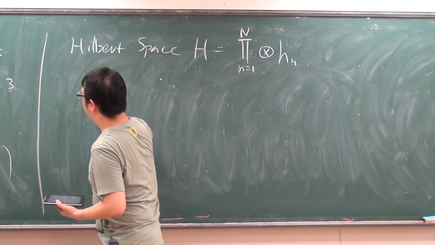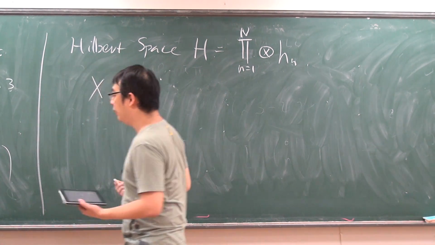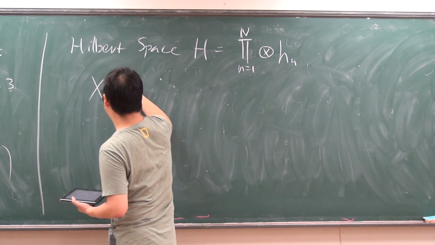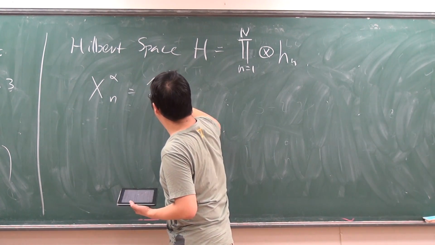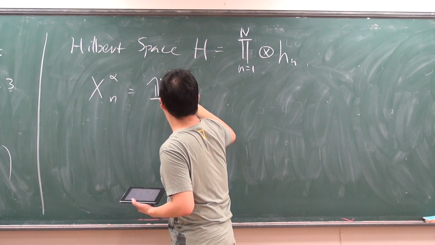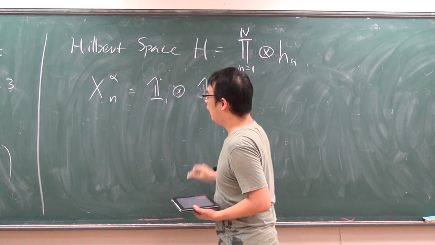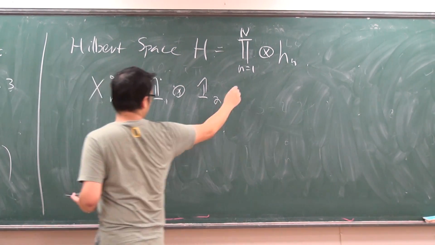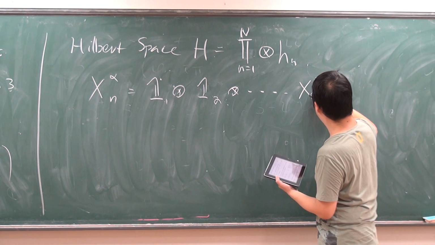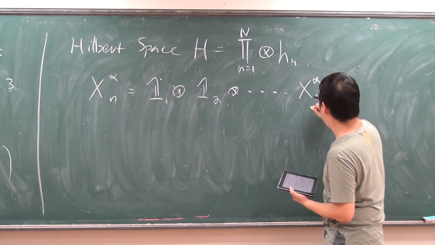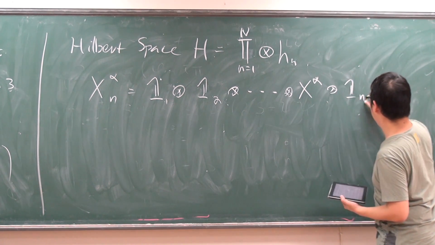Each of those operators, whatever it is, like the spins or momentum or position, generally denoted as x alpha n, is really an operator which acts trivially at all other sites except at the n site. Still trivially.